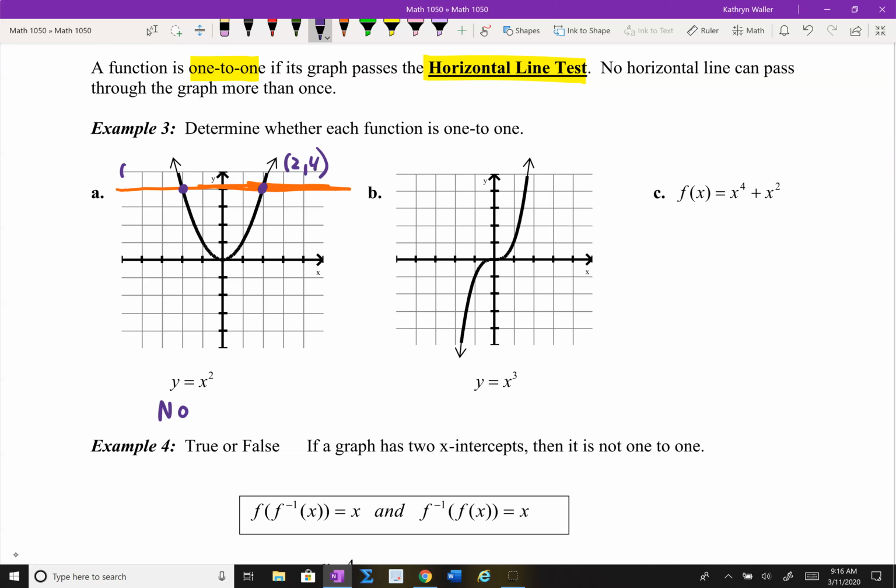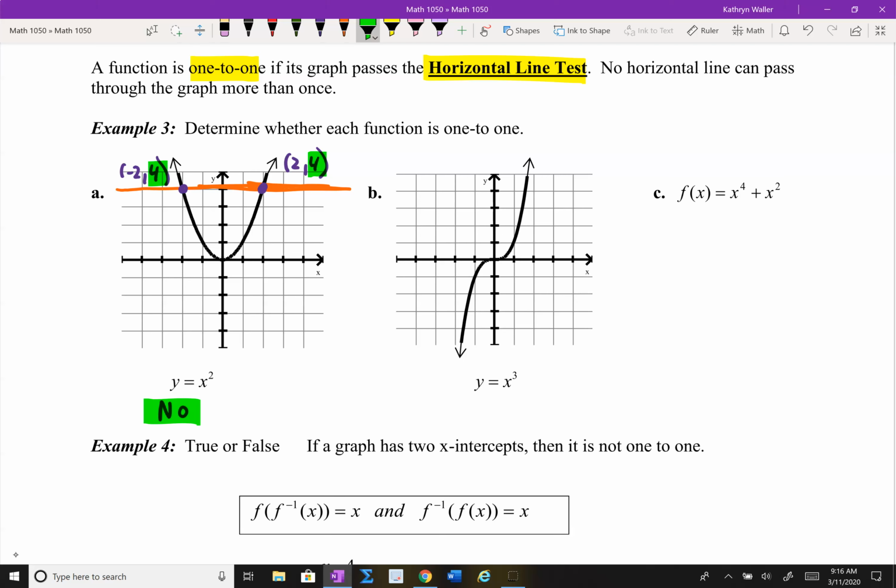And then over here on the other side, (-2, 4). What do you notice about those points? The y values are the same. If the y values are the same, then it's not one-to-one. So that's why the horizontal line test works. Because if you hit 2, the y's are the same, the answer's no. Who says I understand that?